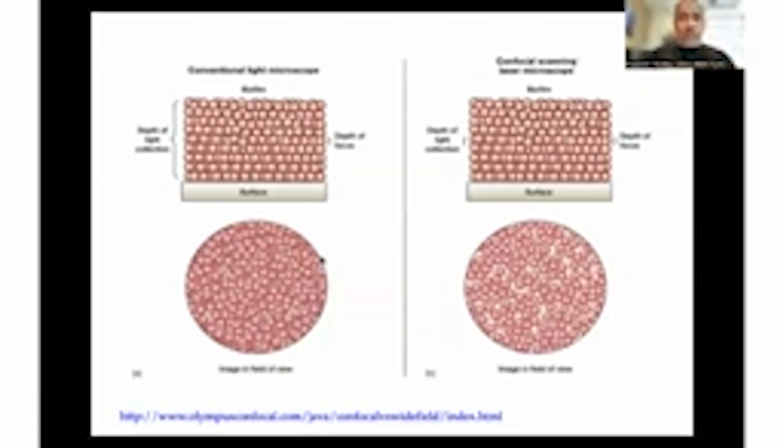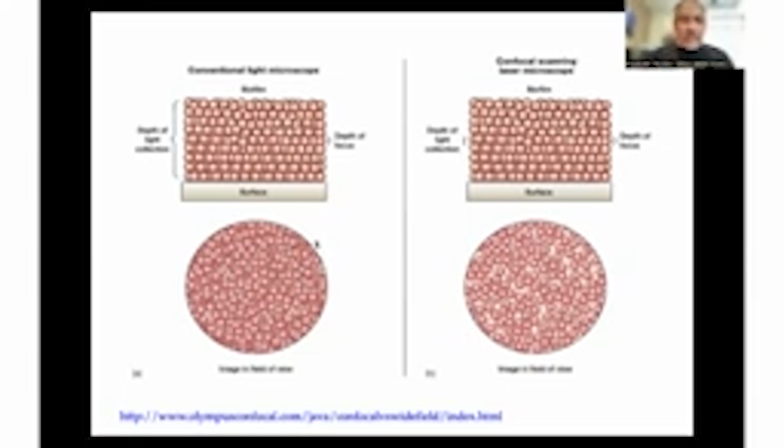What a confocal microscope does, which is quite remarkable, is that it will allow you to visualize at a particular plane. But more interestingly, it will shine light only in that particular plane, and it will also collect light from only that particular plane, right?